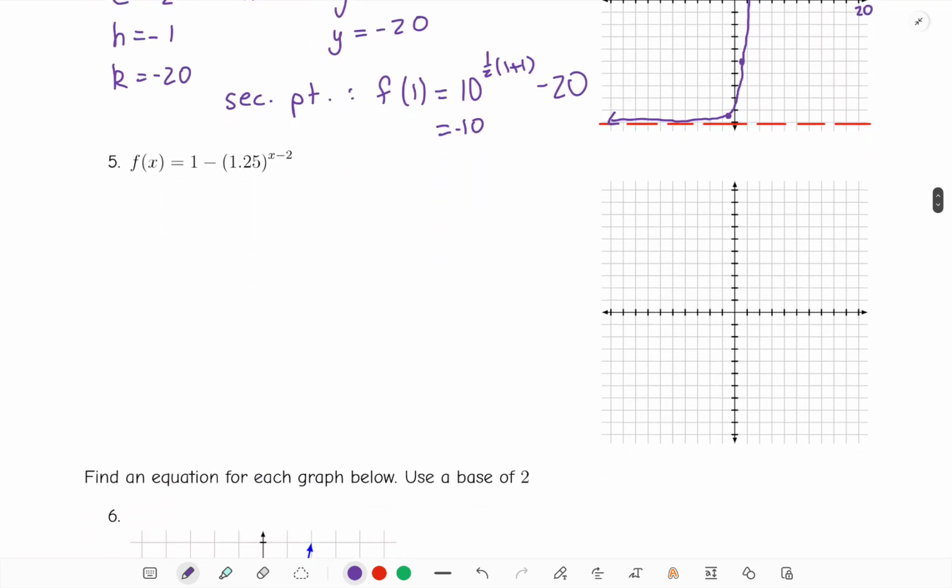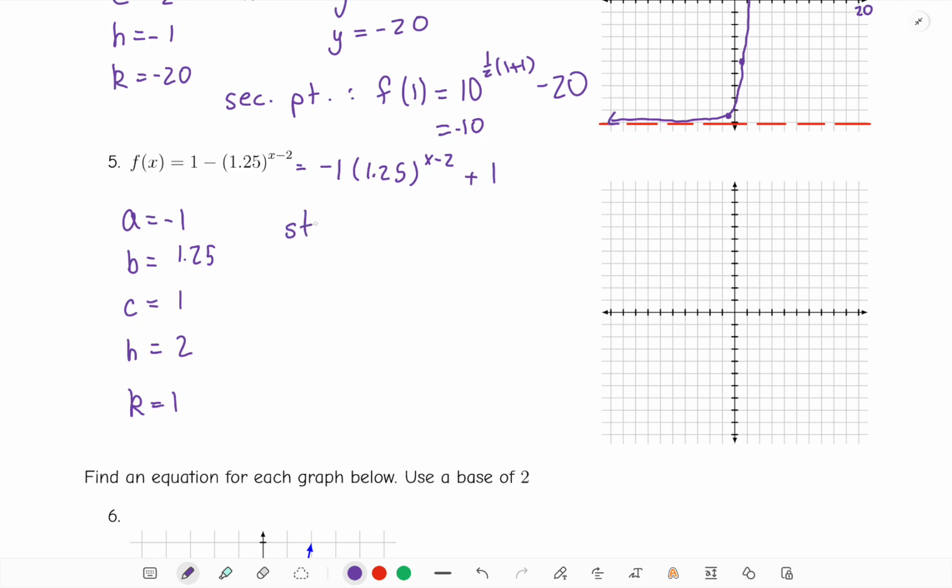Okay, 5. Again, I'm going to rewrite it just so I can obviously see what my k is. So this is the same thing as -1 times 1.25 to the x minus 2, plus 1. So a is equal to -1, b is 1.25, c is 1, h is 2, and k is 1.